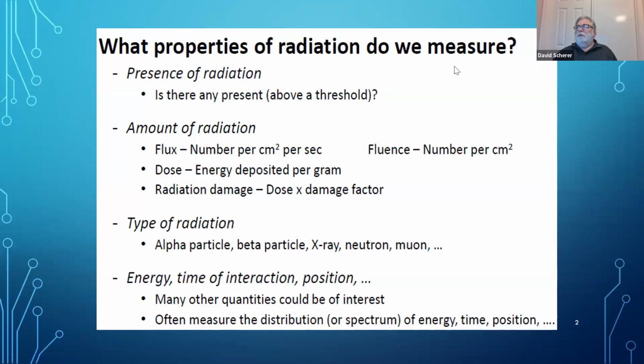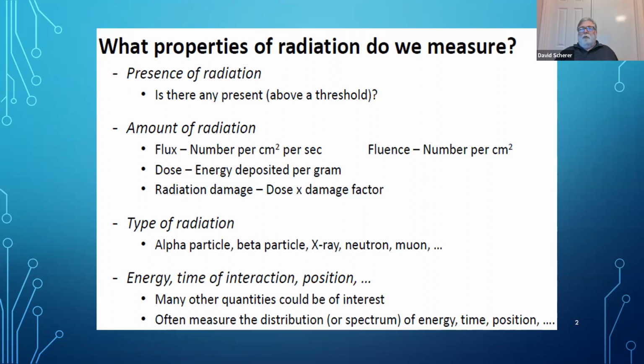Okay, first of the basic idea is what do we use the radiation instruments for? What are we measuring? Well, in some cases, we're doing very qualitative measurements with the instruments. Just simply, is radiation there or not?